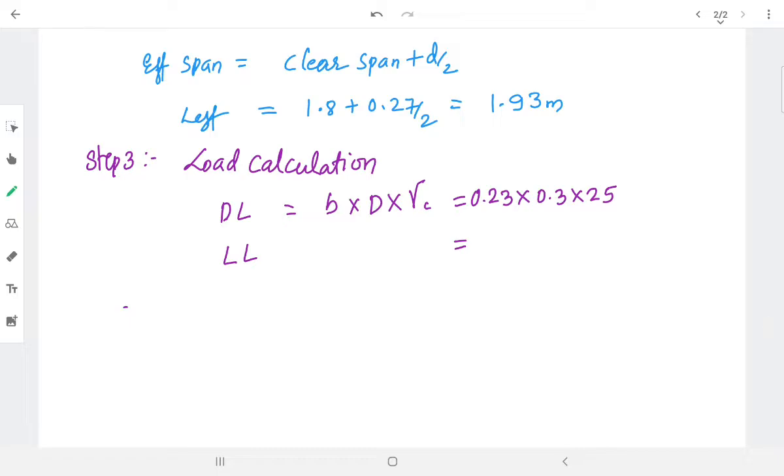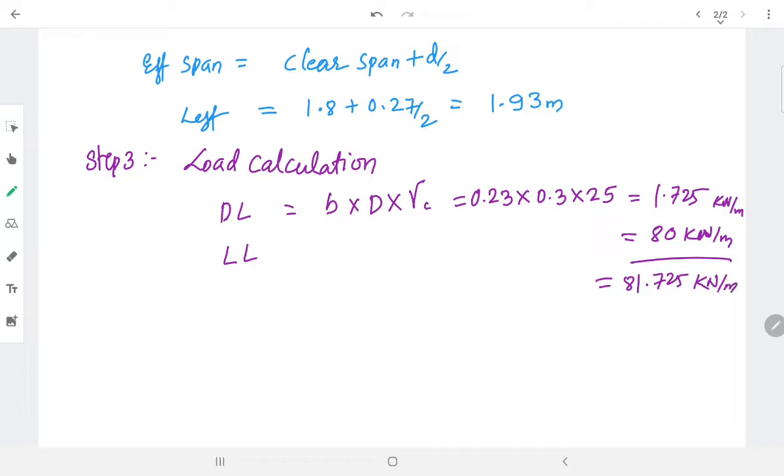The live load is given, it is 80 kilonewton per meter, and when you calculate dead load, it is 1.725, also kilonewton per meter. Together we got 81.725 kilonewton per meter.